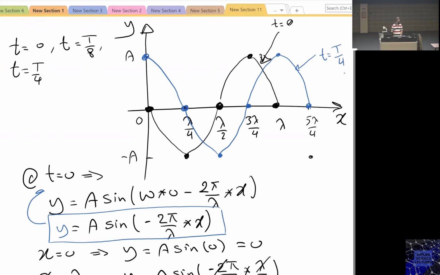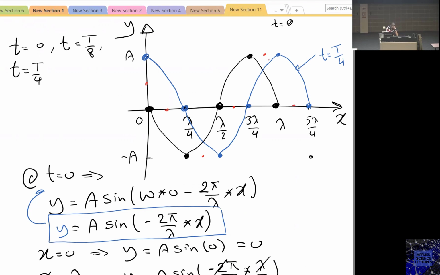Now, why I did not do T over 8, I will do it now because I can now do it easily this way. I'll show you how. It will be here. It will be here. It will be here, here, and here.